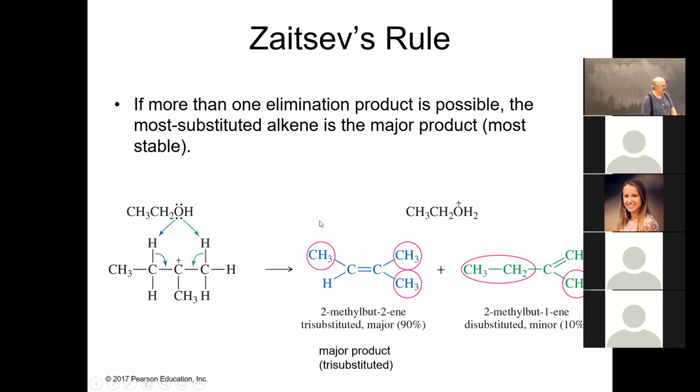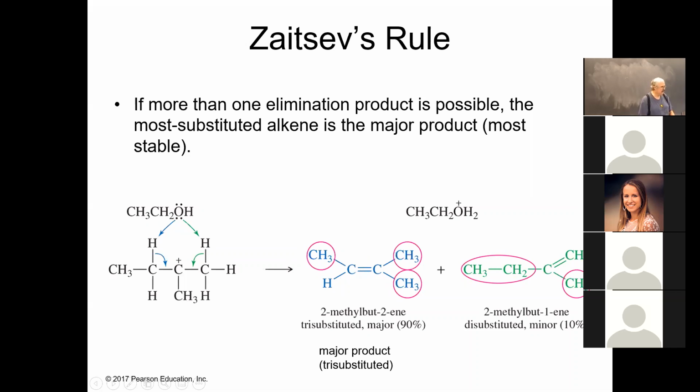So there are 2 possible alkene products that could be formed. The solvent could take away this hydrogen and we form the double bond here. And of course, forming it here would give us the same product. Or it can remove this hydrogen and we form the double bond here.